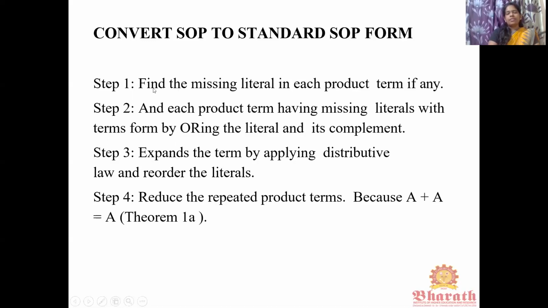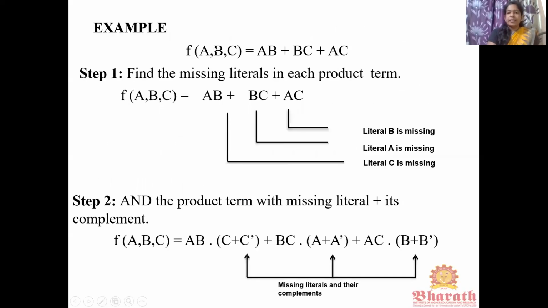We have to identify the missing literal in each product term. Then we are going to AND each product term. Then expand the terms by applying the distributive law. Then reduce the repeated product terms. So take this as an example: F of A, B, C. Here we are having 3 variables.